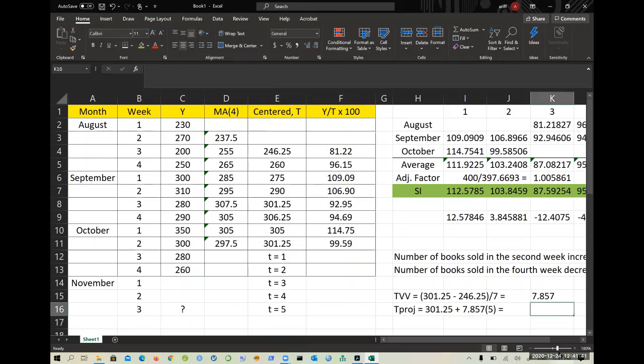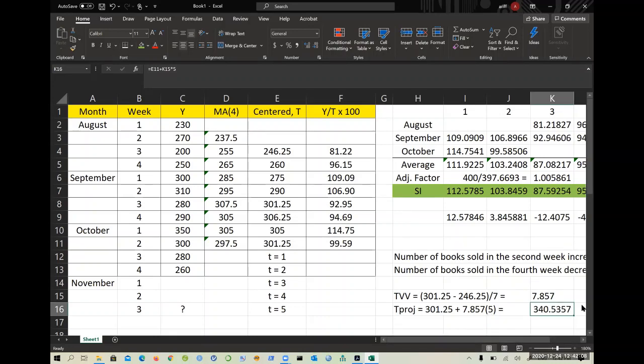So calculate this one, you should get 340.5357.